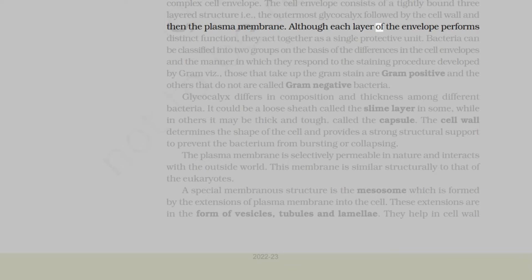Although each layer of the envelope performs distinct function, they act together as a single protective unit. Bacteria can be classified into two groups on the basis of the differences in the cell envelopes and the manner in which they respond to the staining procedure developed by Gram. Those that take up the Gram stain are Gram-positive and the others that do not are called Gram-negative bacteria.